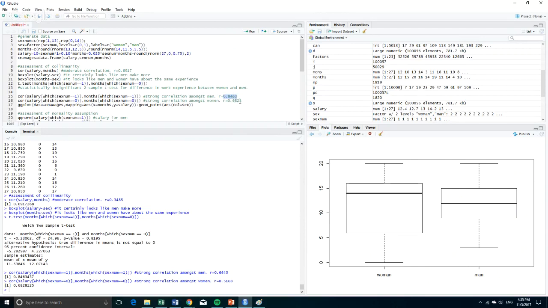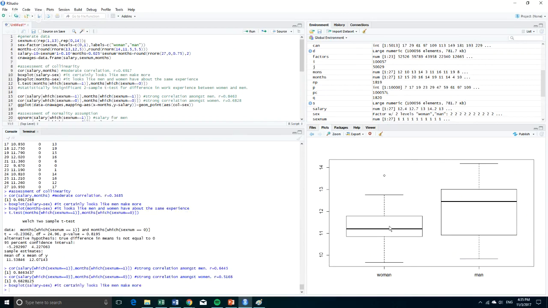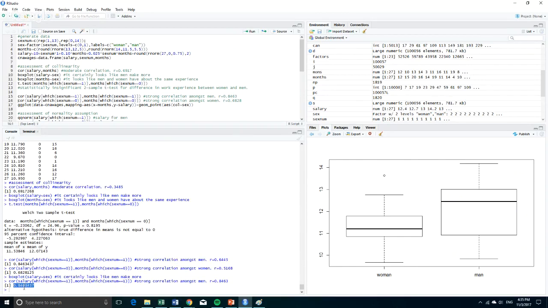So what's causing this different correlation? Well, again, I think that as we saw with the side-by-side box plot, men seem to make more. So if men are getting more, then once we isolate that factor, the relationship between experience and salary is more accurately explained.